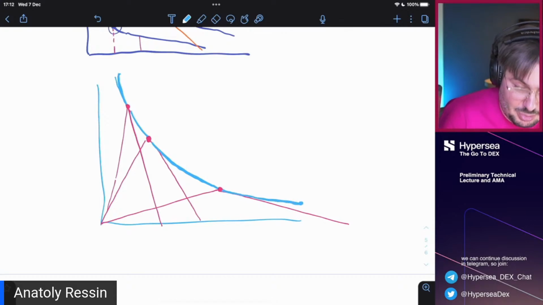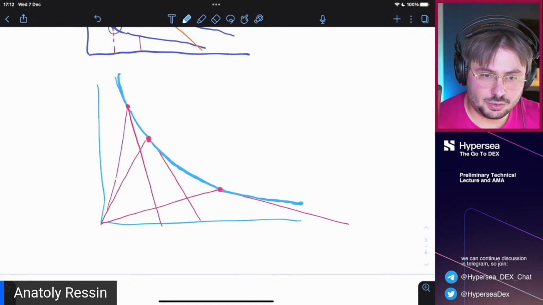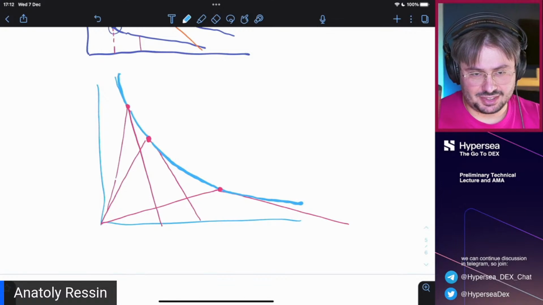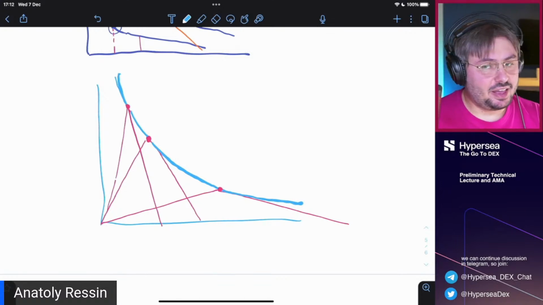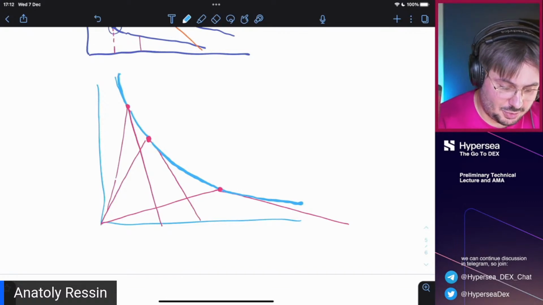On the hyperbola, if you take a point, then at every point you can estimate the slope and the actual price.